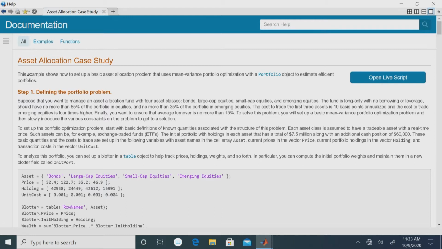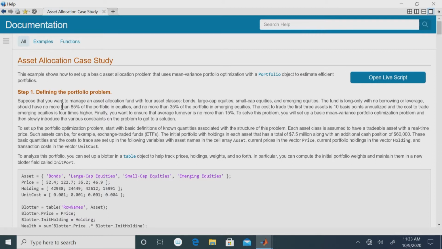So, we begin this lecture with a case study on asset allocation using the MATLAB financial toolbox, and this is a fairly exhaustive example on how to set up a basic asset allocation using the mean variance portfolio optimization. This example covers many different perspectives of asset allocation.